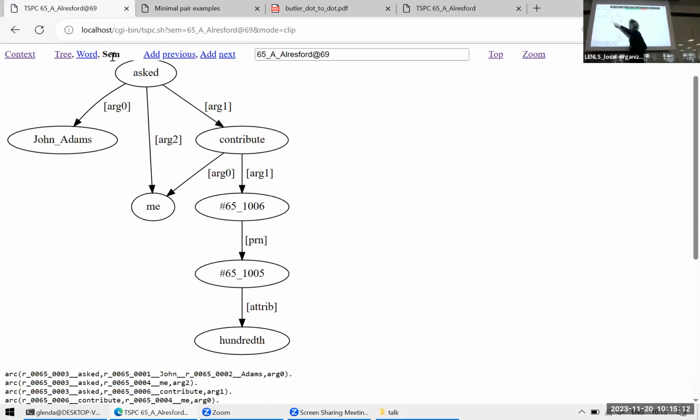John Adams asked this, continue. This here, in the original sentence, has this. So this is the noun, the head. The head noun is missing. So that's why we've got this kind of dummy index thing.